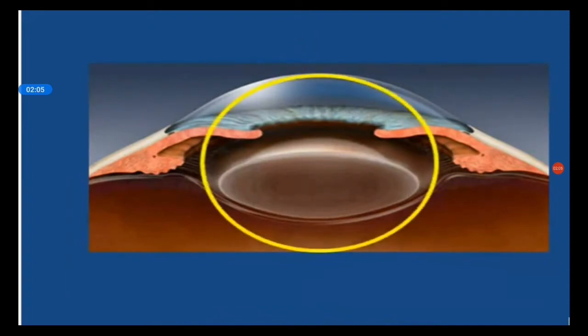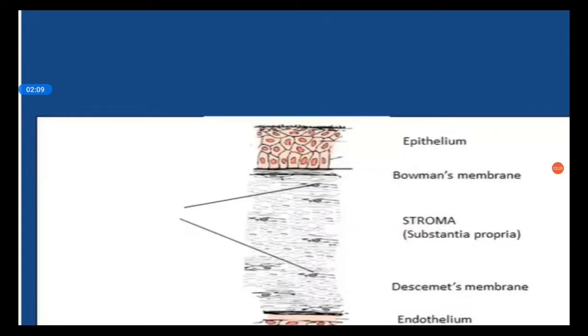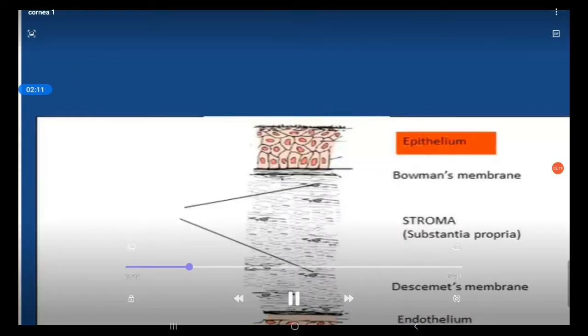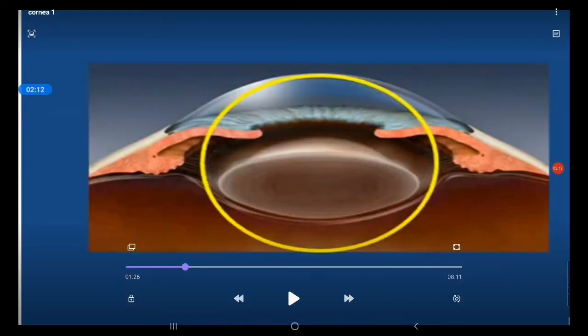The central part of the cornea has a radius of curvature of 7.8. Radius of curvature means the curvature formed at one particular point, and at that point, the curvature is taken as an imaginary circle, just like the yellow circle you are seeing here for the central part of the cornea.